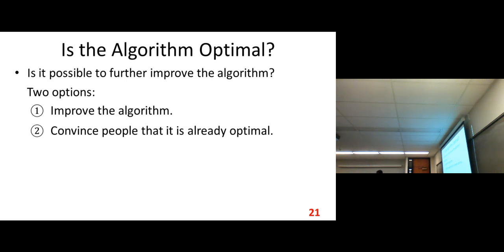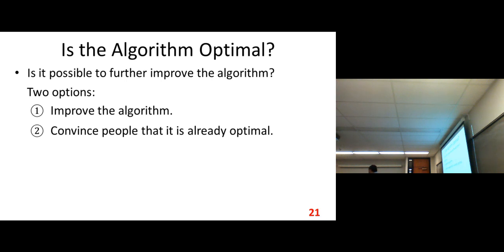That's not easy, right? You just say it is optimal, that's not very convincing. How do you explain it is optimal? You need to really provide very strong, very convincing arguments.